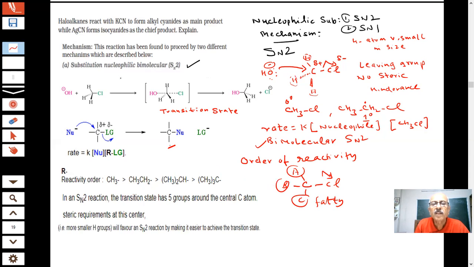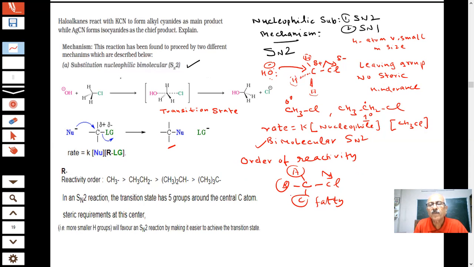Then it will be very difficult for the nucleophile to attack this carbon, and this mechanism will be hindered. This is called steric requirement. So steric hindrance will be there. Because if I put CH3, CH3, CH3, then they are big groups. The SN2 mechanism will be slowed down to a very big extent, because it will be very difficult for the nucleophile to attack this carbon.